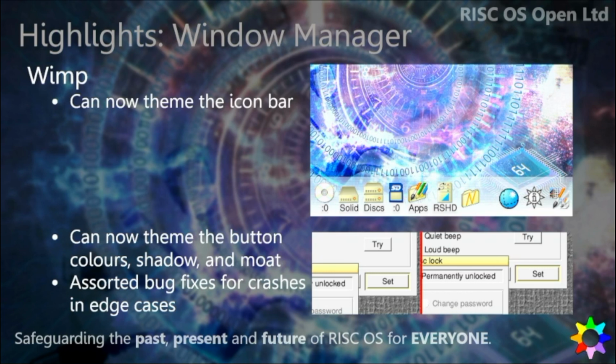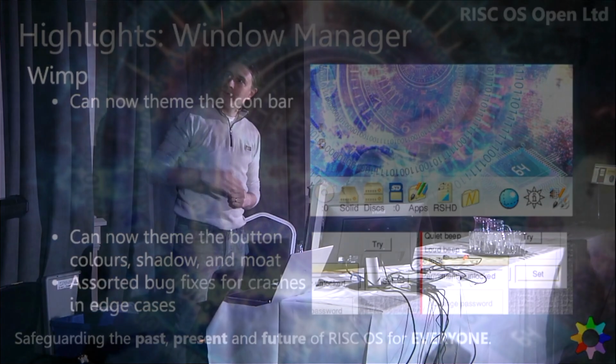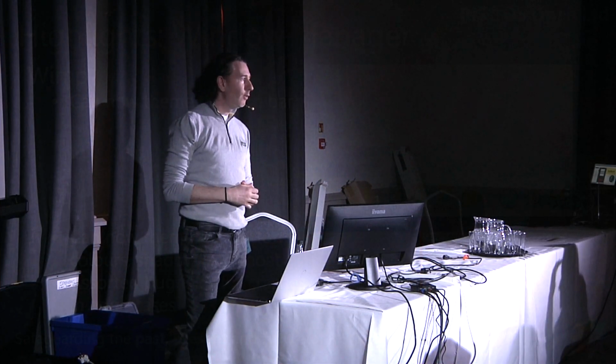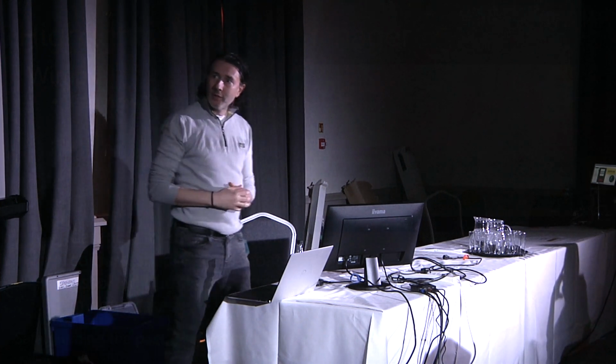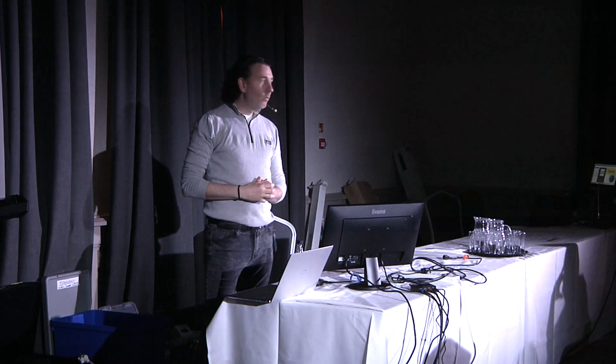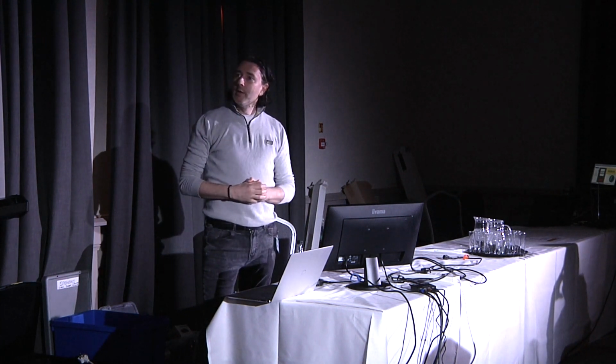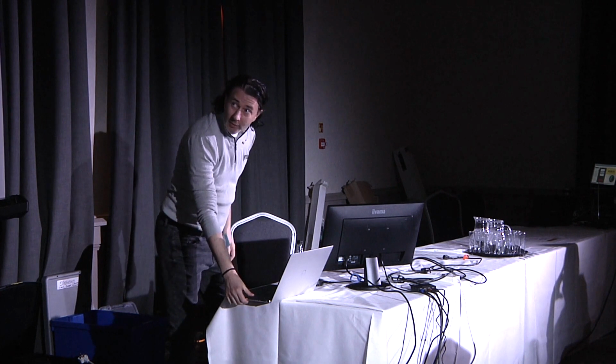One of which is we've changed the icon bar so you can have a background, which can even be a semi-transparent background, and you can get rid of the black border that was always there around the icon bar, so it blends more seamlessly into your backdrop. And you can also theme buttons and shadows and things like that in windows. So people can make use of these features now.